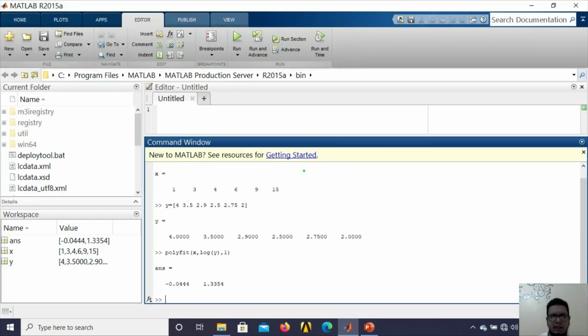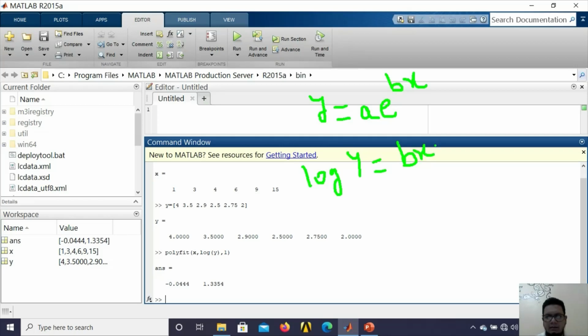Actually, our equation is y is equal to a e to the power of bx. To apply the least square method, I should convert this exponential form into a linear form. When I apply natural log on both sides, I get log y is equal to bx plus log a.